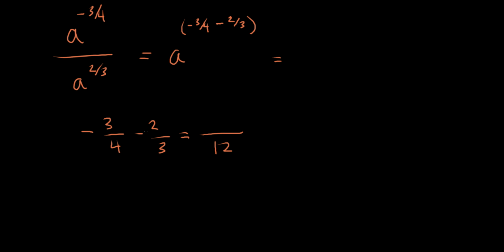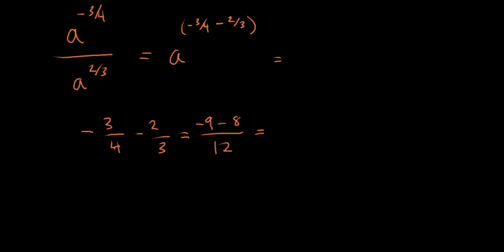Then you cross multiply. So I get this denominator times that numerator. 3, and then I have a negative 3. That gives me negative 9. Then minus, because it's subtraction, minus 4 times that 2 there gives us 8. And I end up with negative 9 minus 8.